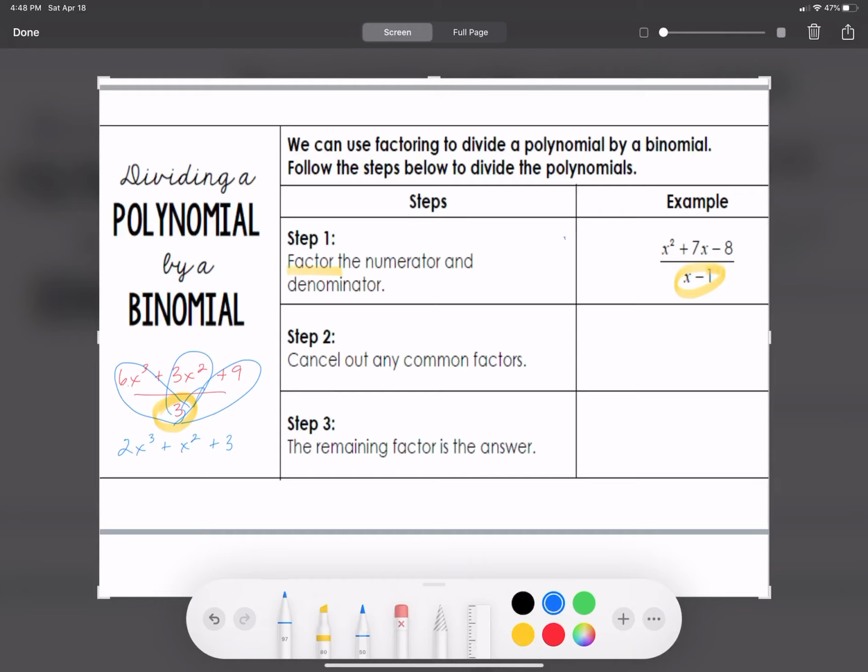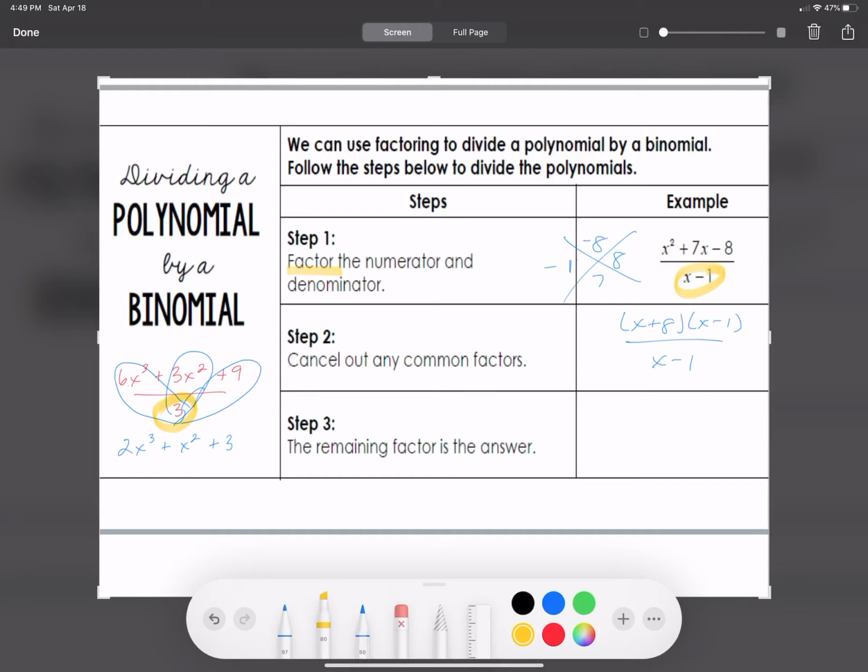So in this case, I'm asking what multiplies to -8 and adds to +7. Well, that would be -1 and +8. So I can rewrite the numerator as x plus 8 times x minus 1. And I still have my x minus 1 in the denominator.